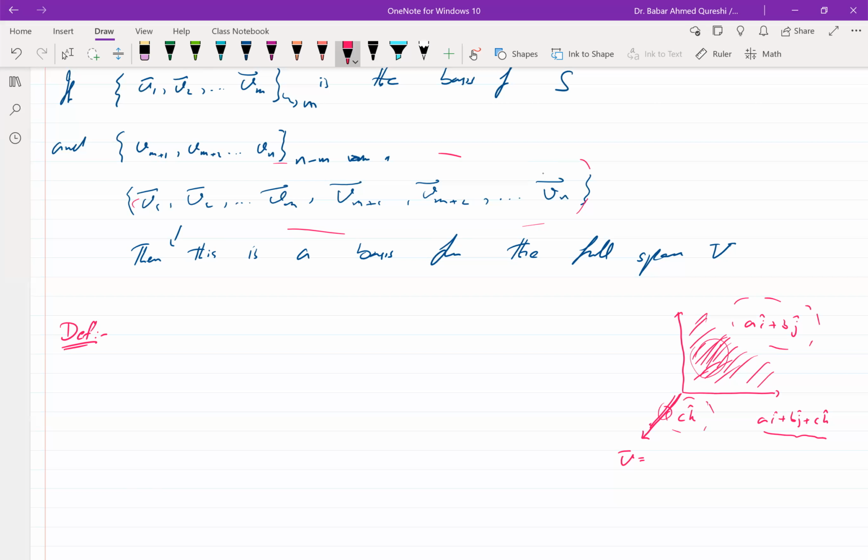So this is called making a direct sum. So what's a direct sum?